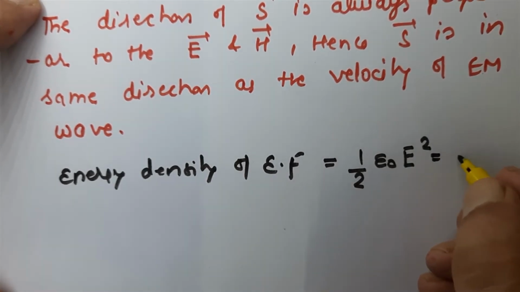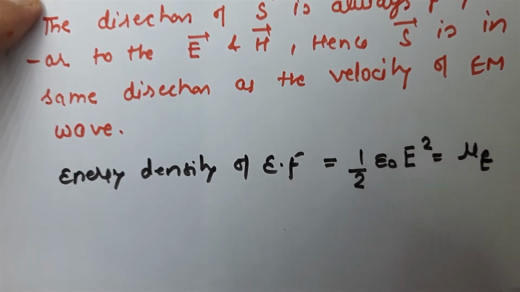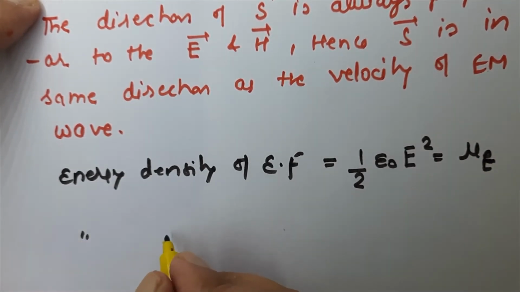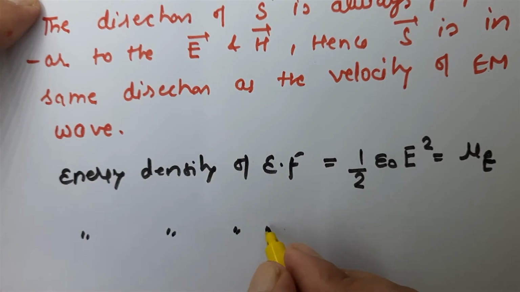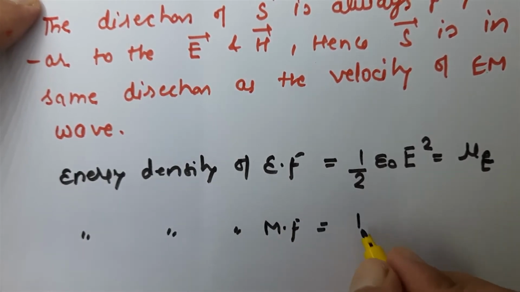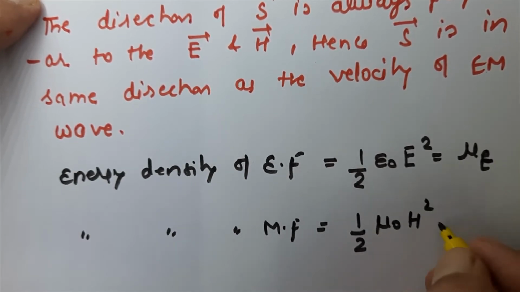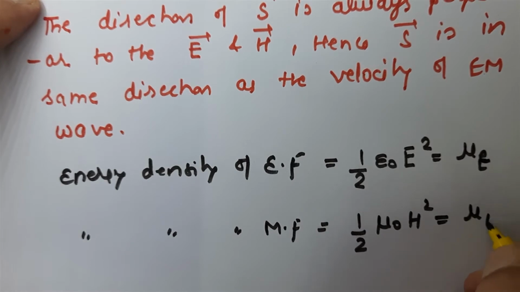This is represented by UE. UE stands for energy density of electric field. Similarly, I can write energy density of magnetic field, which is given by half mu 0 H square, which can be written as UH.